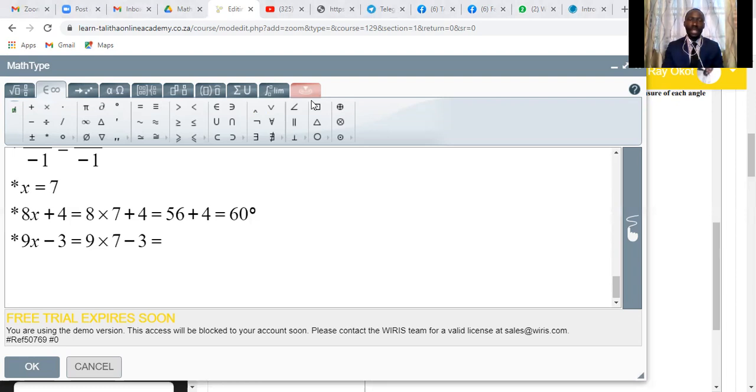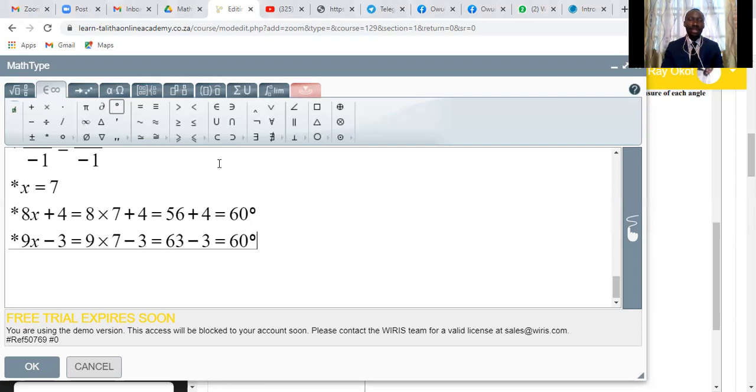Let me check again. 9 multiplied by 7 is giving us 63. Yes. So we write it as 63 there. From it, we are supposed to subtract 3. What do we get? We get 60 also in degrees.